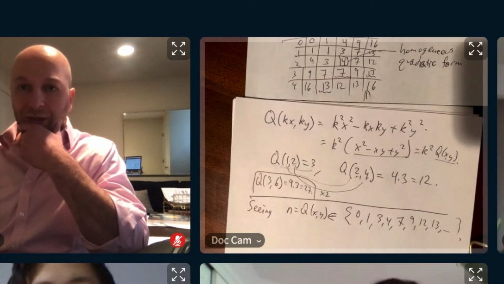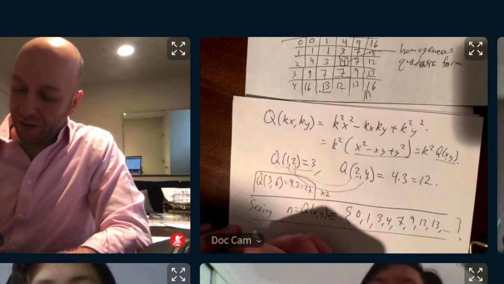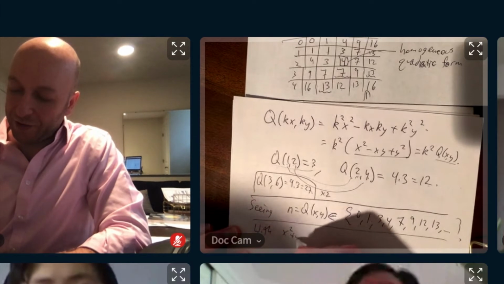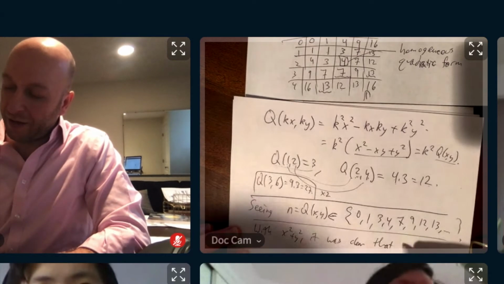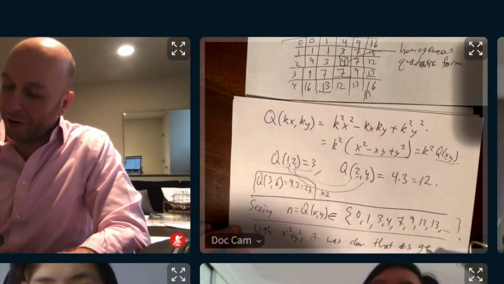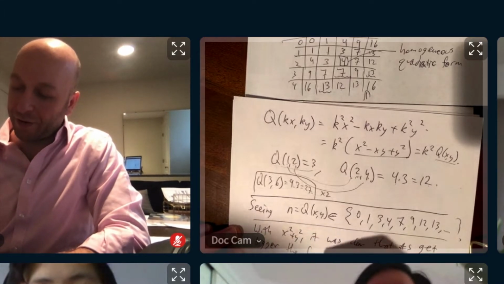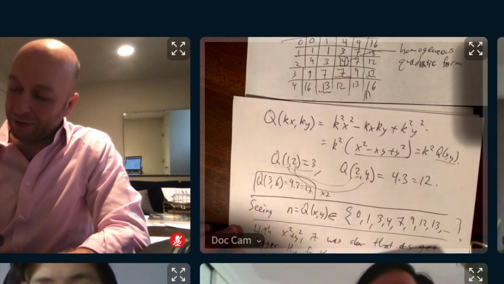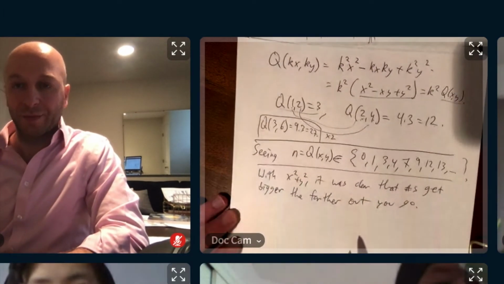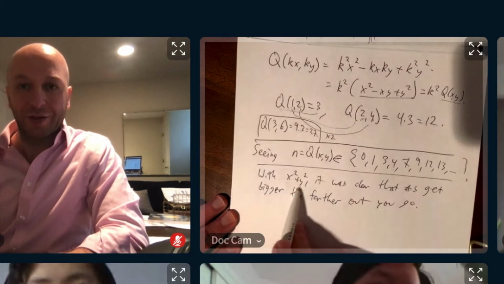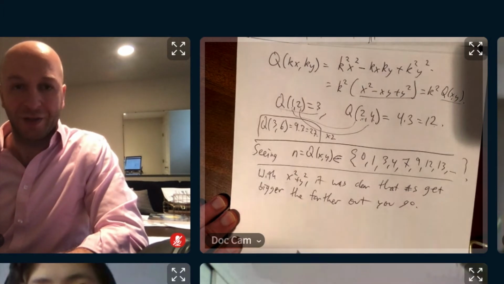Now, with sums of two squares, with x squared plus y squared, it was clear that the numbers that you see get bigger the farther out you go. Because it's a sum of squares, the larger I make x and the larger I make y, the larger the sum of squares is going to be.